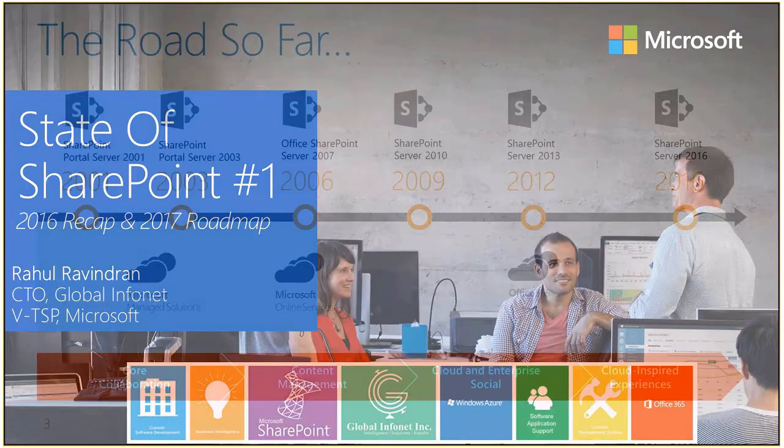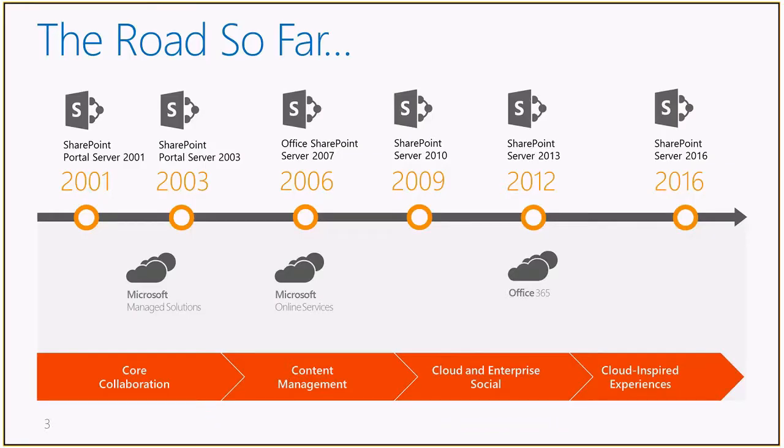All right. I figured a good place to start might be to take a step back and review one of the graphics that Microsoft shared with us sometime in 2015. At the time, we were still in the tail end of SharePoint Server 2013, and they were beginning to talk about SharePoint Online and SharePoint Server 2016. One of the key components that came out of that discussion was the concept of cloud-inspired experiences and hybrid integration.